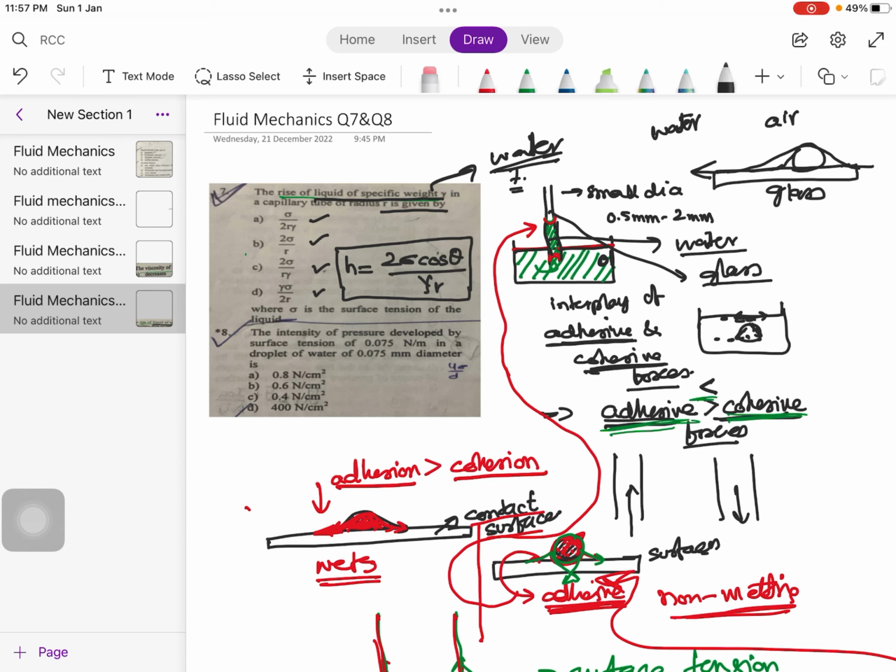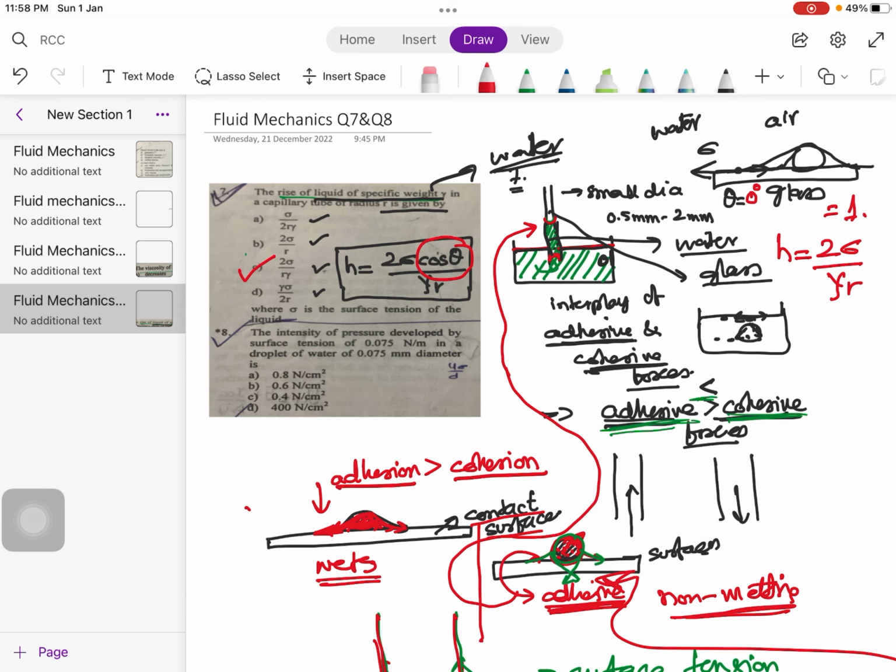That means theta here is 0 degrees and cos of 0 degrees is unity. Therefore, h, or the rise of water in a glass capillary tube, is 2 sigma upon gamma r, which is the option C.